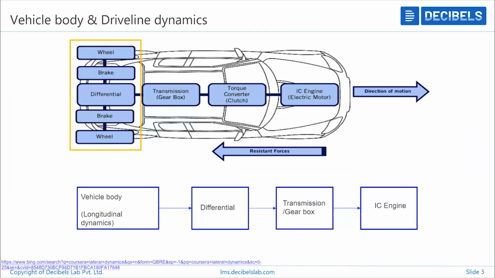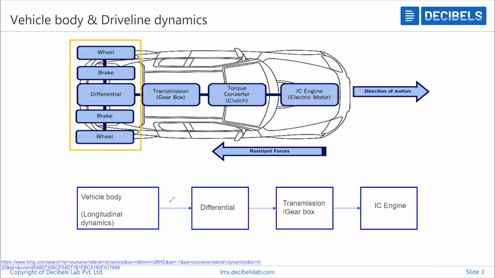So when we say the powertrain, in conventional vehicles our source of power is fuel. The fuel goes into the IC engine and burns, and we get the power to the transmission and differential.